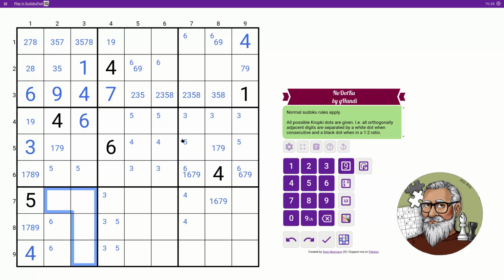Wow, I'm getting tired. Do I know where 7 is? 7 is in one of those. How does that help? Not 4, 7. Now tell me, how does that help?